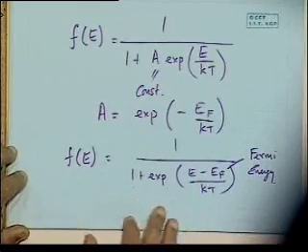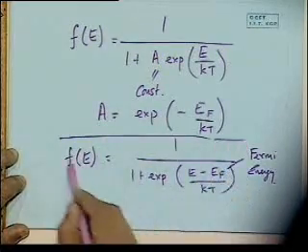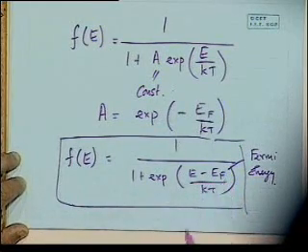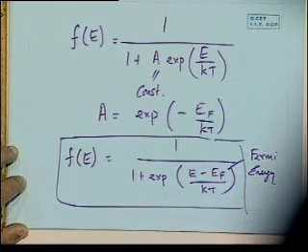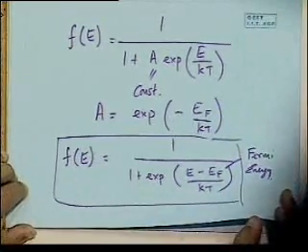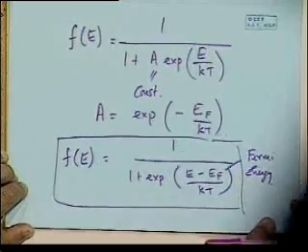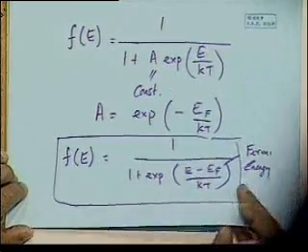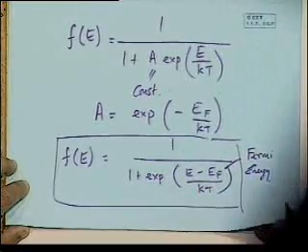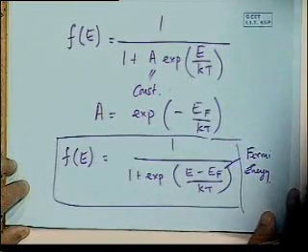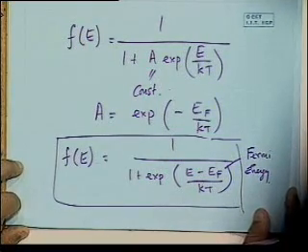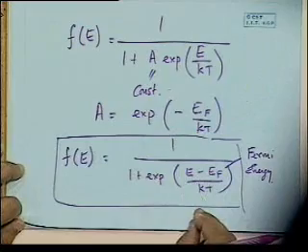And when we look at this equation, which is the Fermi-Dirac function, what we see is that when E minus EF is much greater than kT, what happens to this function? It's a large number, but it's not infinity.